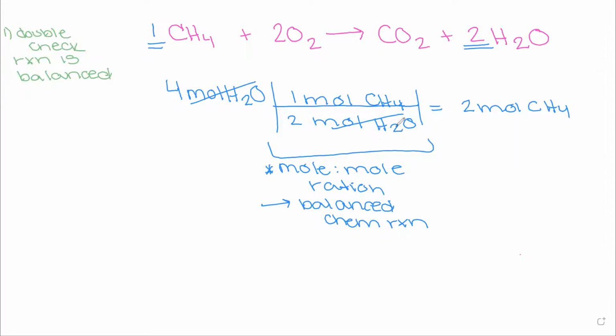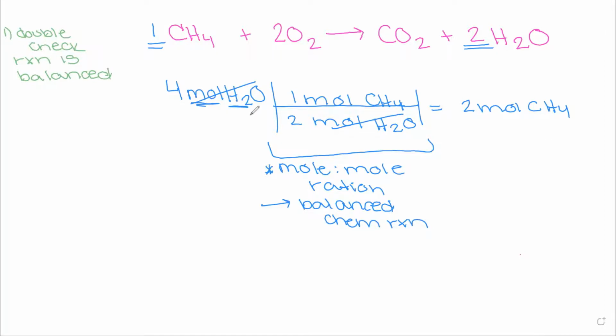Notice that on the bottom I'm matching up the units and the substance. I have moles of water, I have moles of water, and those need to cancel out. Then on top, I have the units that I want. I was looking for moles of methane, so I put my 1 mole of methane on top. And so I will need 2 moles of methane in order to produce 4 moles of water.